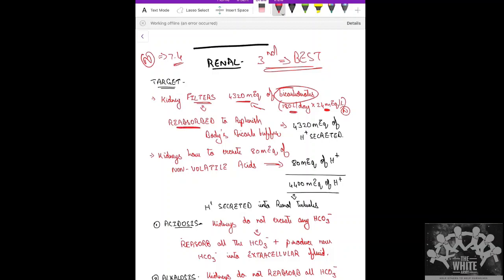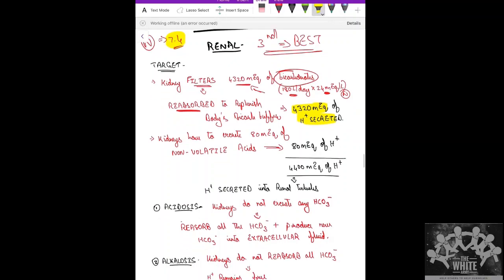If HCO3 minus is reabsorbed, the kidneys have to secrete H plus for this exchange to take place and the concentration gradient to be maintained, correct? So the first target of the kidney is to secrete 4,320 milliequivalents of H plus to maintain this pH.